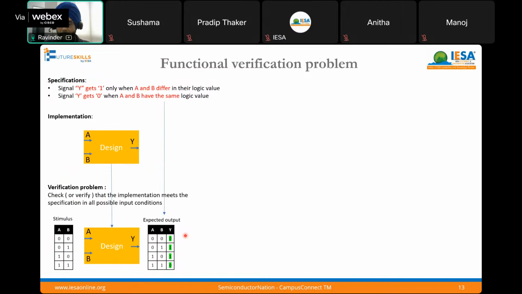Now, if we talk in verification language, how would we implement this? We take the design and call it a DUT, which is design under test. This is verification nomenclature.